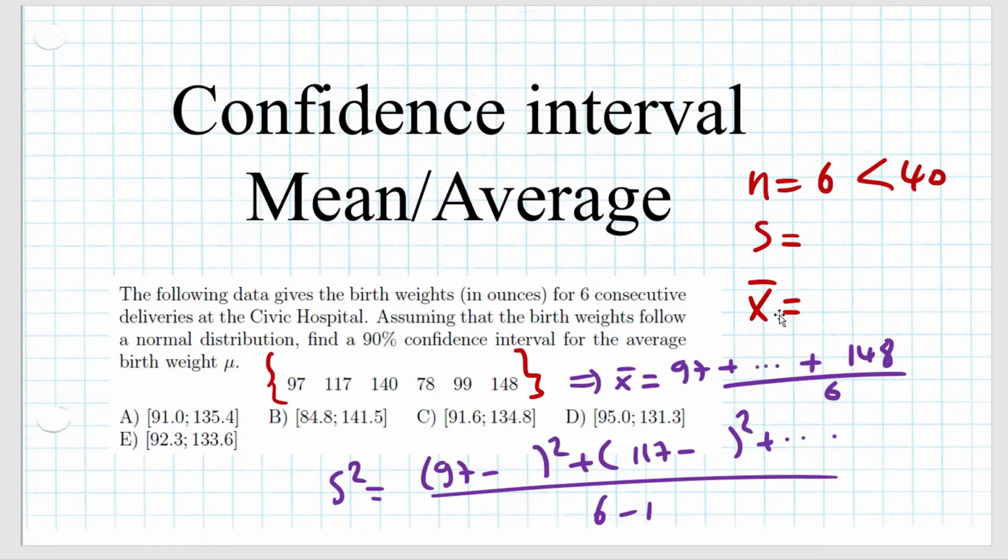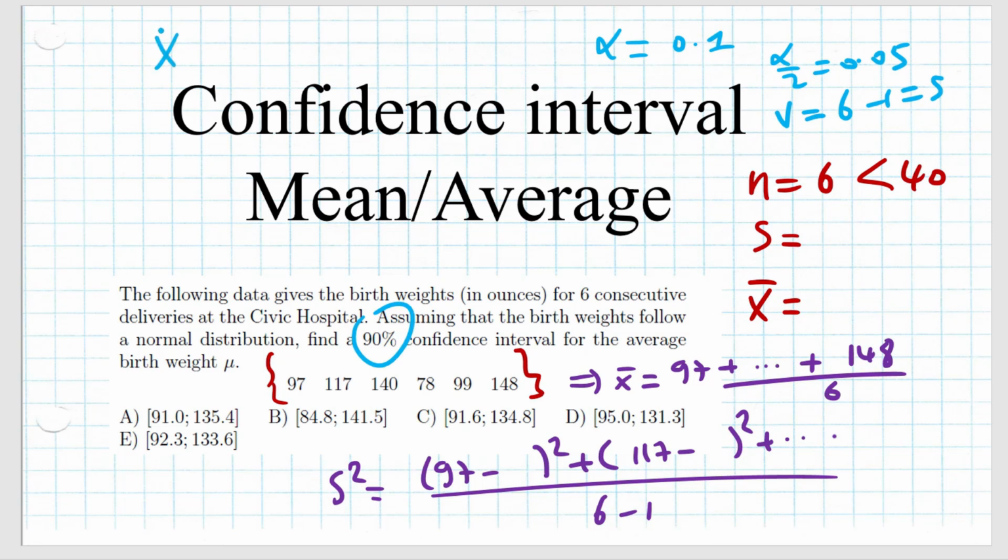Okay, so once you have x bar and s, what is the value of alpha? 90, so 1 minus 0.9, and then divide by 2. Perfect. 0.05. And what's the degrees of freedom? 6 minus 1, which is 5.